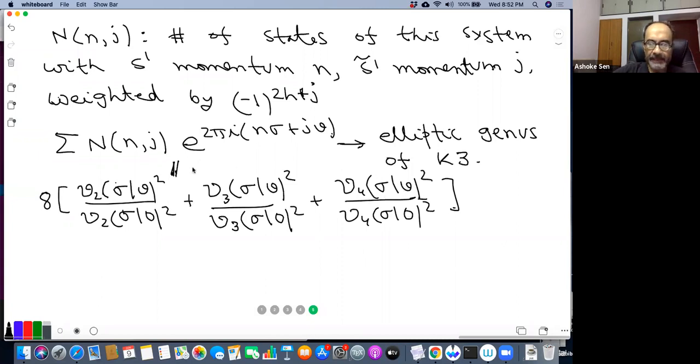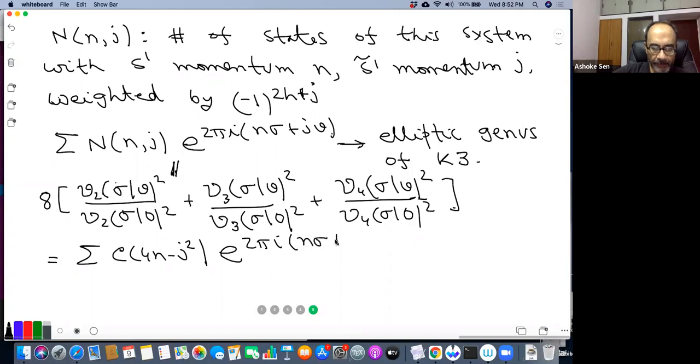This also has nice modular properties. Okay, modular and periodicity properties, and that makes it what is called a Jacobi form. So this is in fact a weak Jacobi form. And so this has an expansion of the following kind: C(4n minus j squared) e to the power 2 pi i (n sigma plus j v). Okay, and these coefficients are known.